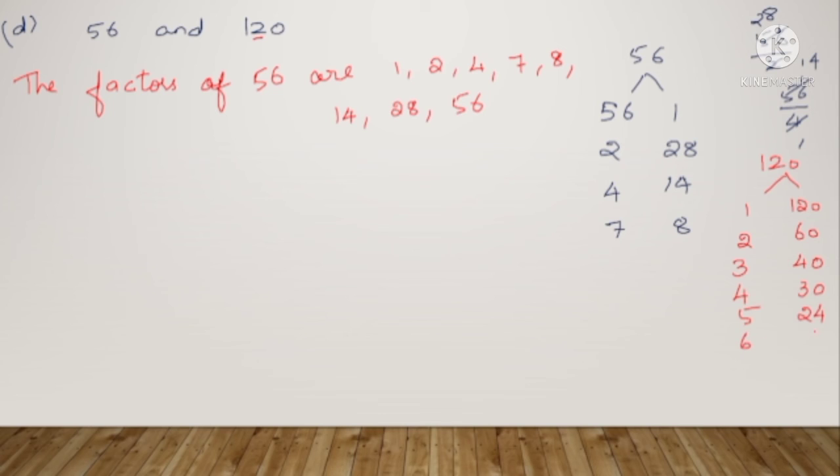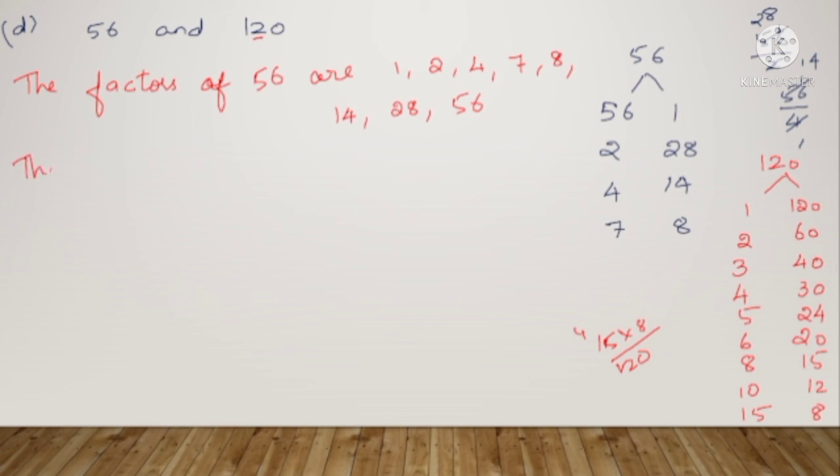In the 6 table, 6 20s are 120. And then in the 8 table, 8 1s are 8, balance 4. 8 5s are 40. So 8 into 15 gives 120. And then in the 10 table, 10 12s are 120. And then in the 15 table, 15 8s are 120. Okay, now let us write down all the numbers.